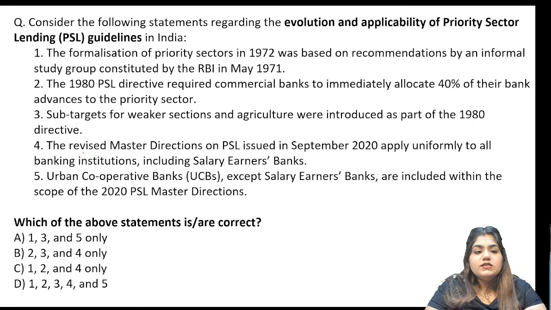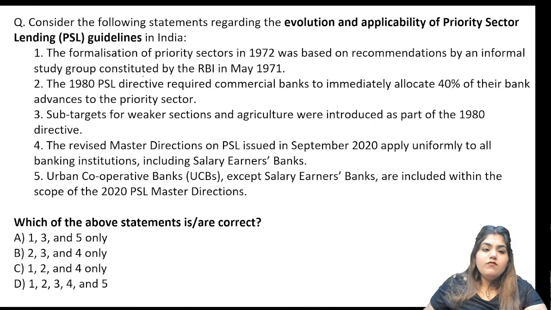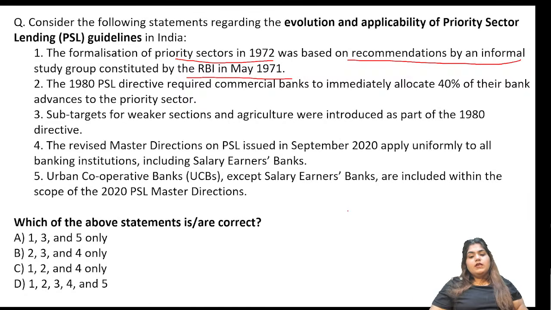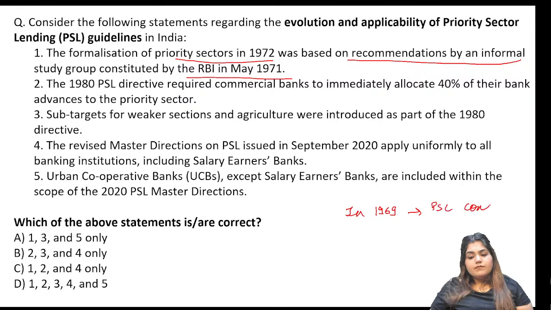Next, consider the following statements regarding the evolution and applicability of PSL in India. The formalization of the PSL in 1972 was based on the recommendation of an informal study group constituted in 1971. In 1969, the first committee said the PSL concept came.